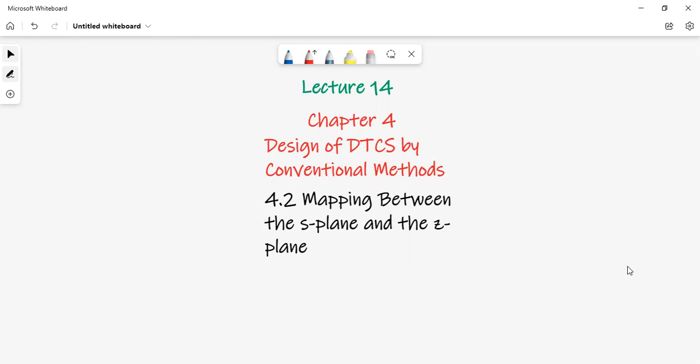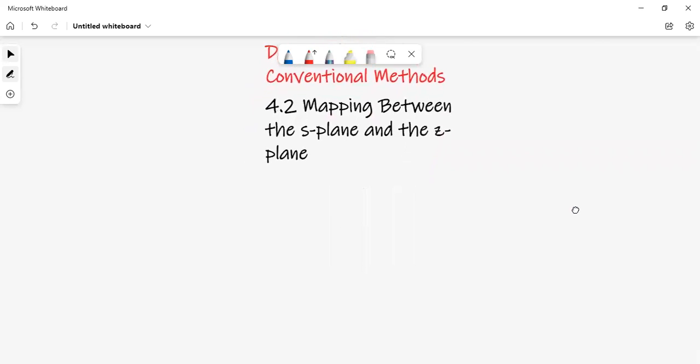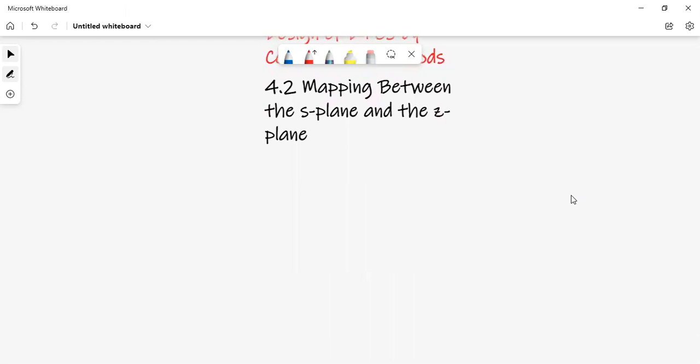So similarly, if we can find out similar correspondence with the Z plane, then actually we can also find the relation for the conditions that will dictate whether the system is stable or unstable or marginally stable in the Z plane. So the first step is the mapping between the S and the Z plane.